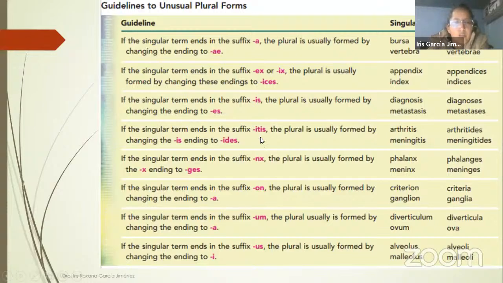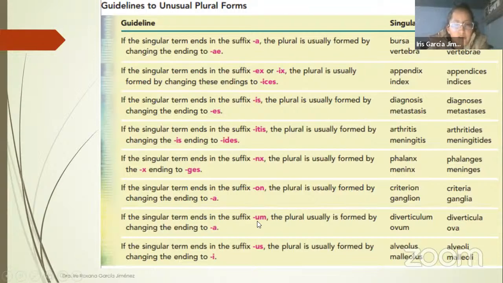Another one, if the singular term ends in the suffix itis, the plural is usually formed by changing the is ending to ides. For example, arthritis, arthritides, meningitis, meningitides. Okay. One example more.